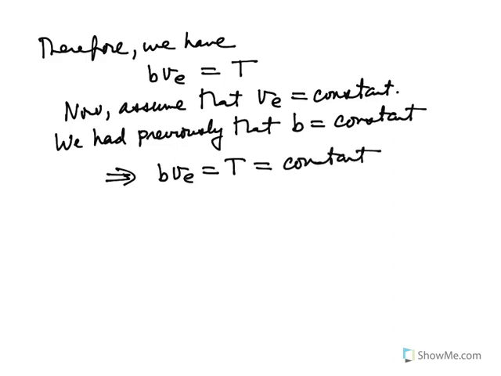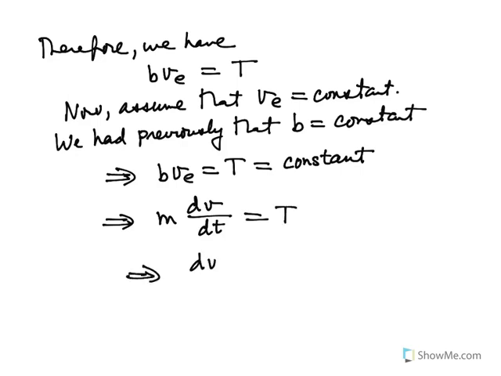So we can actually write this now in terms of T, and we get that m times dv/dt is equal to T, which implies that dv/dt is equal to T over m. But remember that m dot of t is equal to minus b.